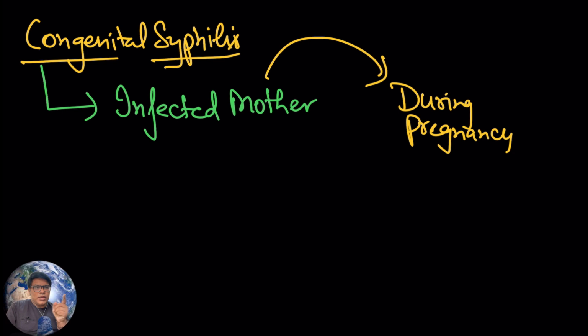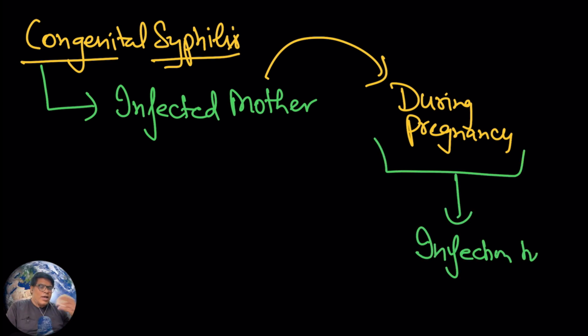So during pregnancy, if the mother is infected with syphilis, the infected mother can pass the infection to the fetus. Mother is already having the disease, and the mother can now transmit the infection to the fetus.